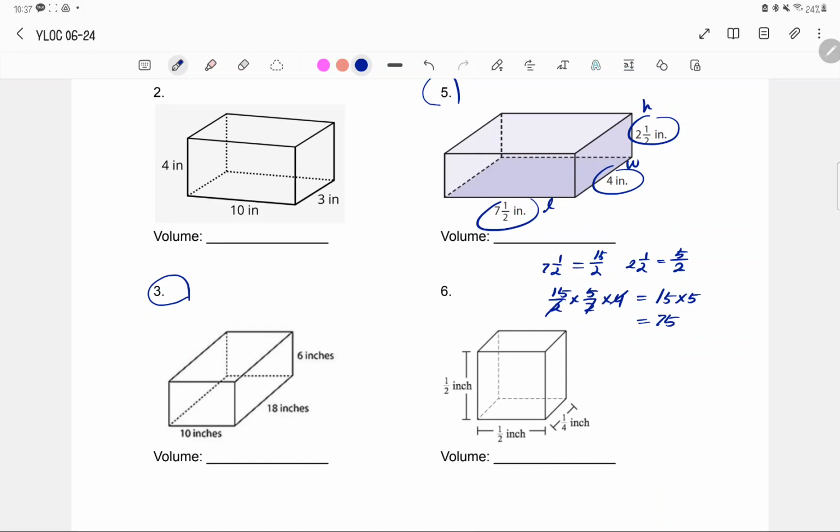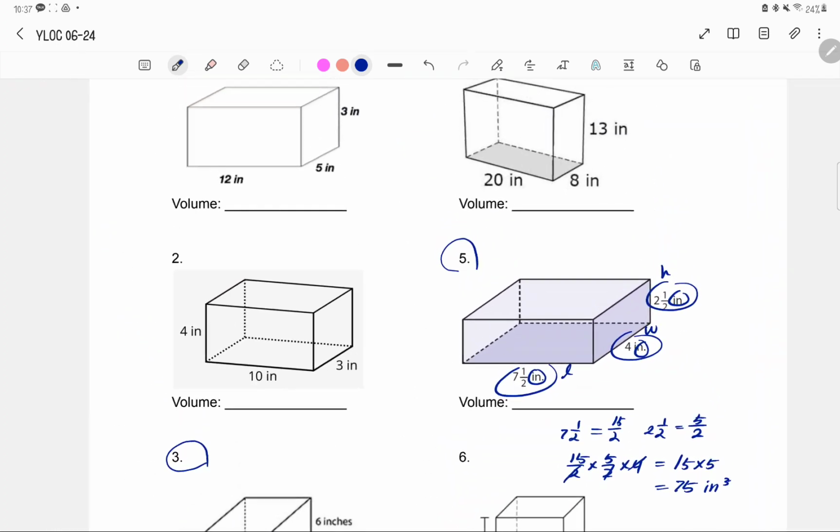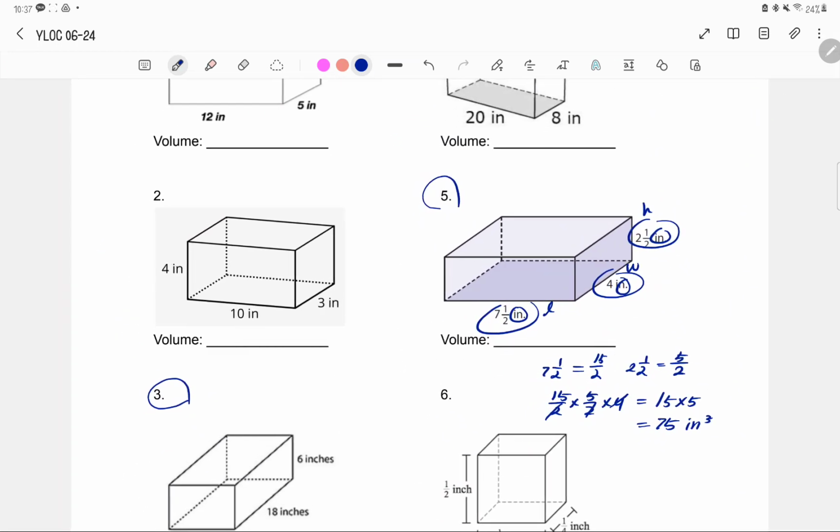Units are really important, and in this case, it's inch cubed, because we're multiplying inches 3 times. If it's centimeters, it's going to be centimeters cubed. If it's meters, meters cubed. Or feet cubed. Like that.